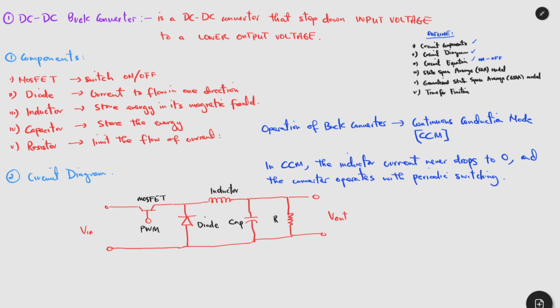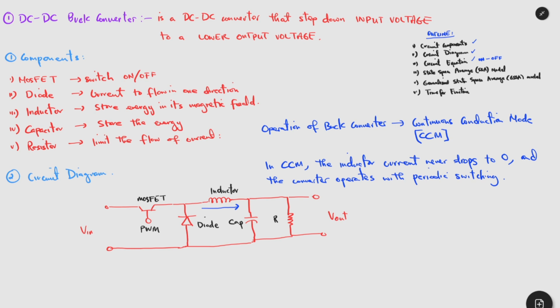In this continuous conduction mode, the important thing to remember is that the inductor current, that means the current that passes through the inductor, will never drop to zero, because this type of circuit operation will have a continuous current flow through the inductor. That is why it is called a continuous conduction mode.